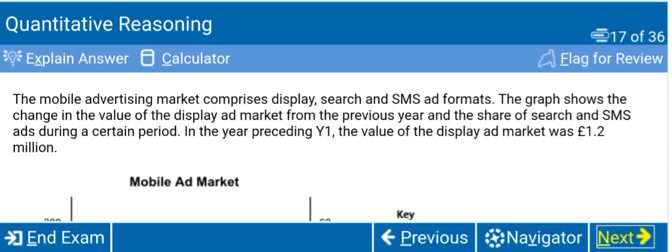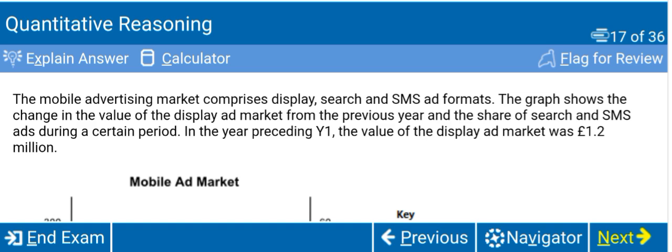Next we have question number 17. It says the mobile advertising market comprises display, search and SMS ad formats. The graph shows the change in the value of the display ad market from the previous year and the share of search and SMS ad during a certain period.